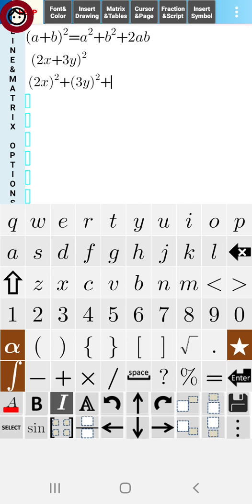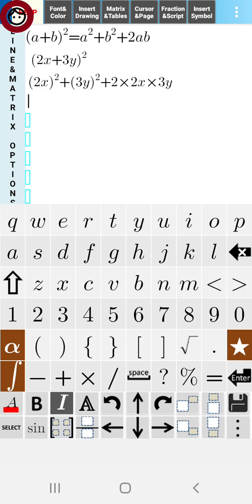Here 2 into, in place of a we will write 2x, into, in place of b we will write 3y. Now we have put these values in the identity. Now we will write their values.